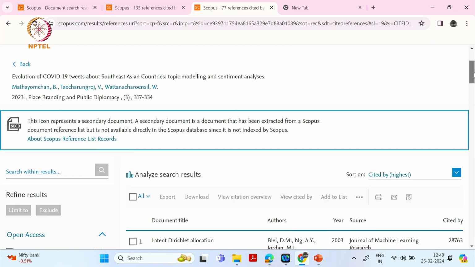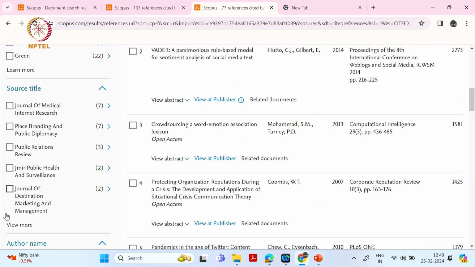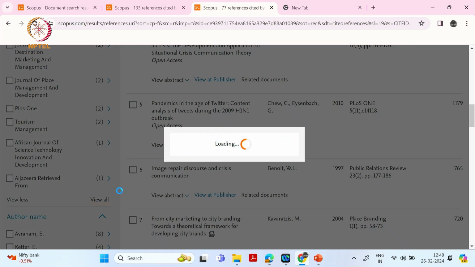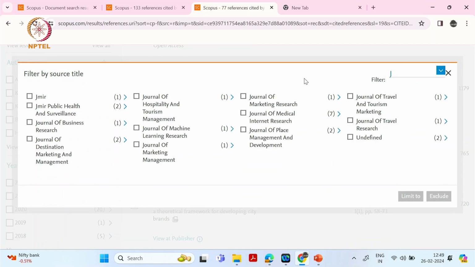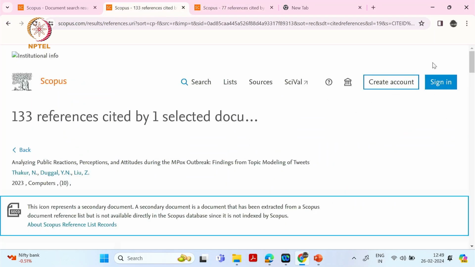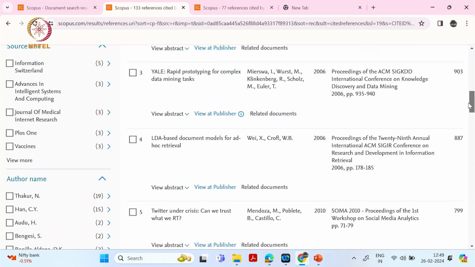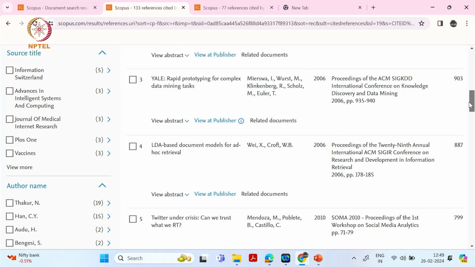So it has 77 references. We'll take all those journals, whatever journals have been here. Let's take this and filter it by J. Similarly, here we can see different journals for 133 references.